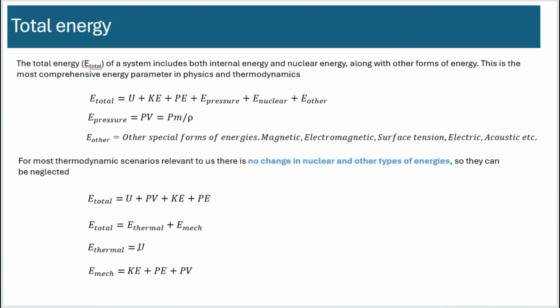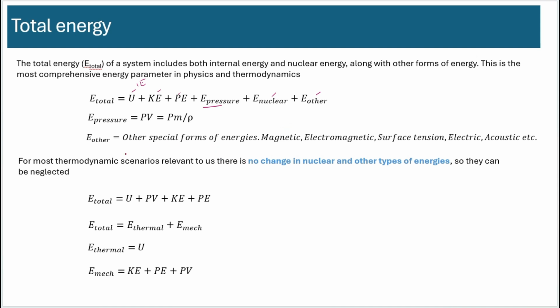Now, what is total energy? Total energy includes both internal energy and nuclear energy along with other forms of energy. So you could start with an equation for total energy that looks like this, where this is the internal energy, this is the kinetic energy of the whole system, potential energy of the whole system, the pressure energy that we talked about earlier, nuclear energy, and other energies.